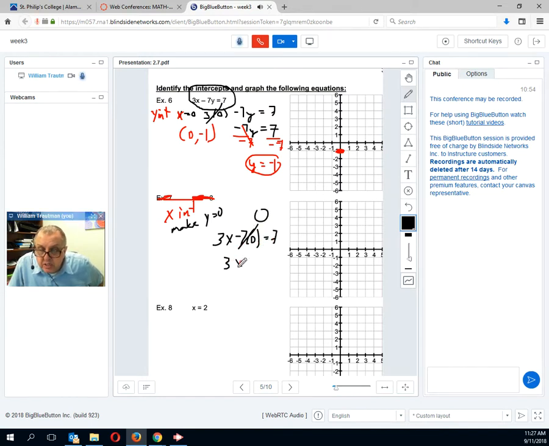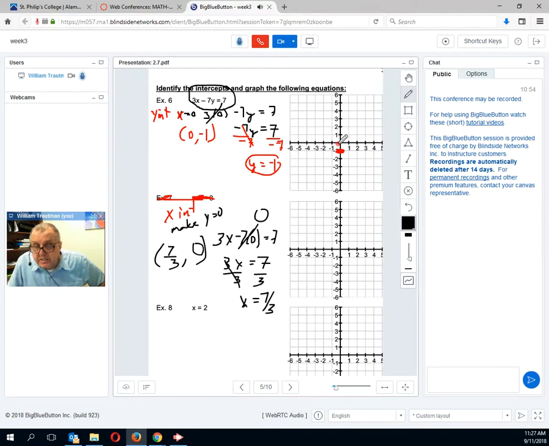So I'm left with 3x equals 7. Divide both sides by 3. And I get x equals, don't put a decimal, the answer is 7 over 3. So when y is 0, x is 7 over 3, which is like 2 and 1/3.